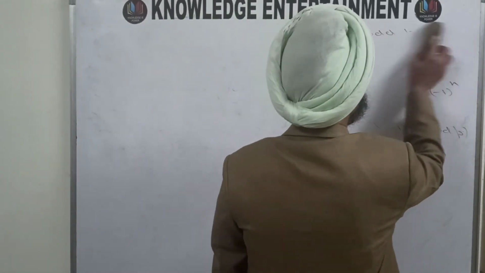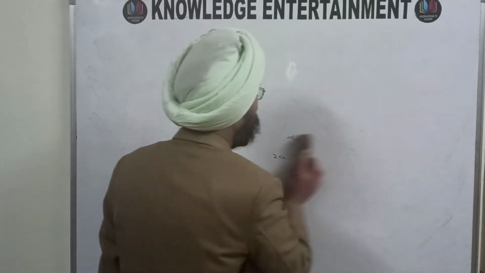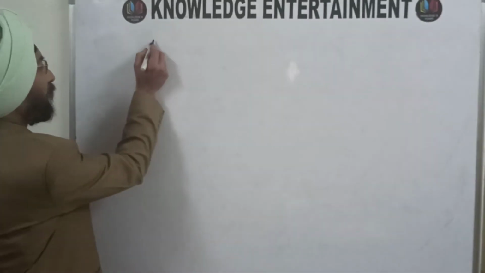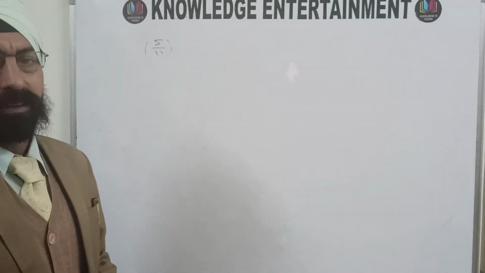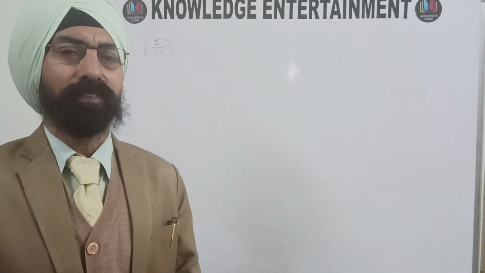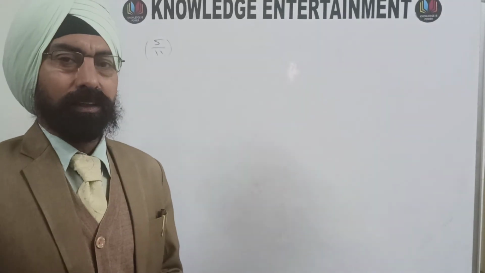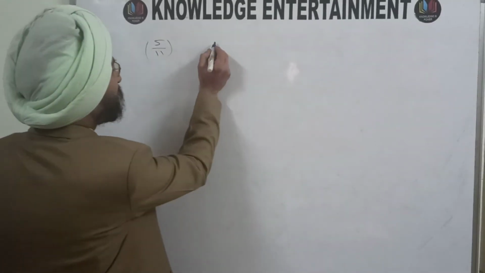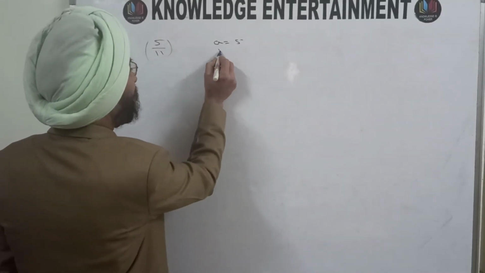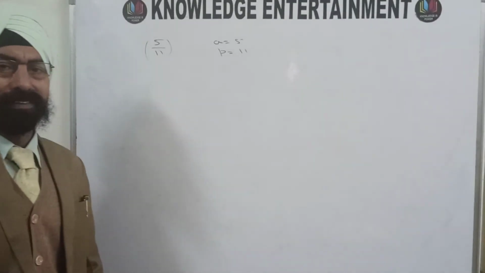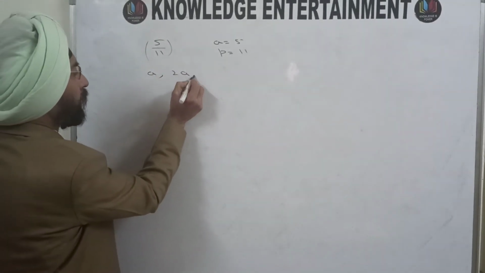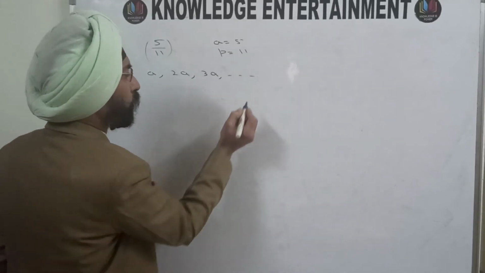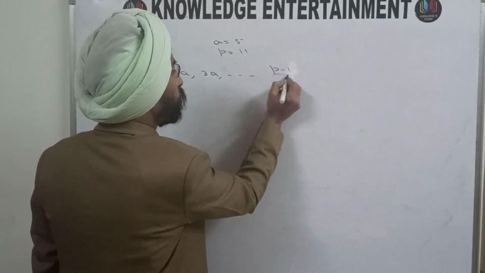So suppose we are to find the value of the Legendre symbol (5/11). So here your a is 5 and your p is 11. First look at the set a, 2a, 3a and so on up to ((p-1)/2)a.